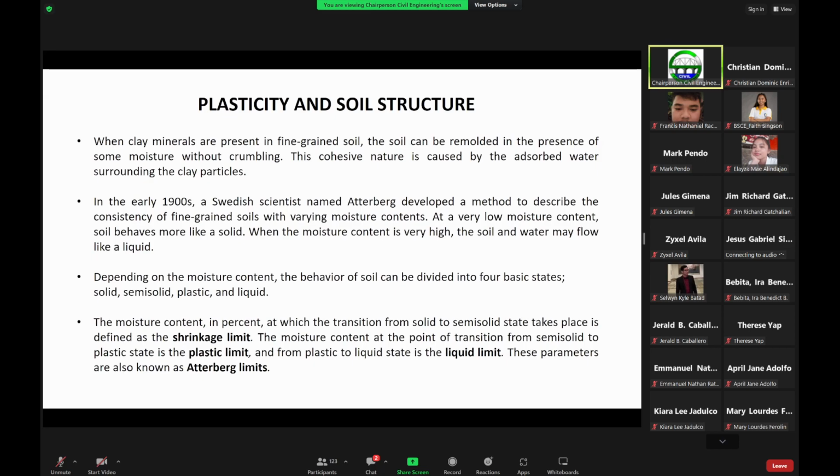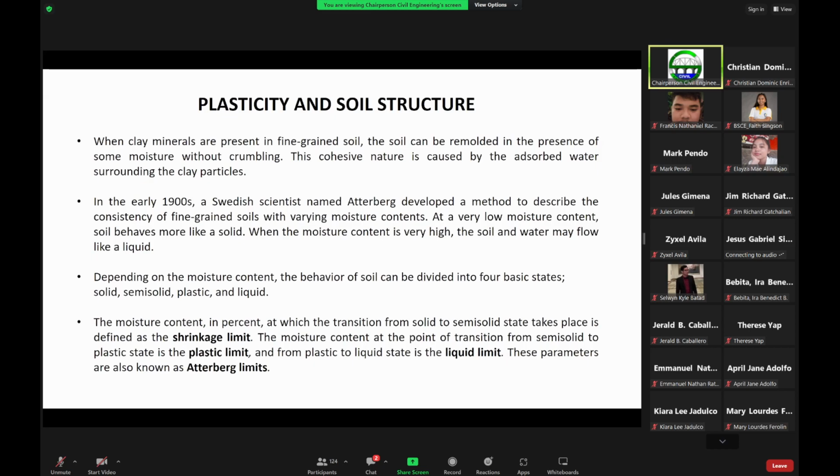Now, when the moisture content is very high, the soil and the water may flow like a liquid, which normally we don't like as far as construction is concerned. So, depending on the moisture content, the behavior of a soil can be divided into four basic states: the solid state, the semi-solid state, the plastic state, and the liquid state.